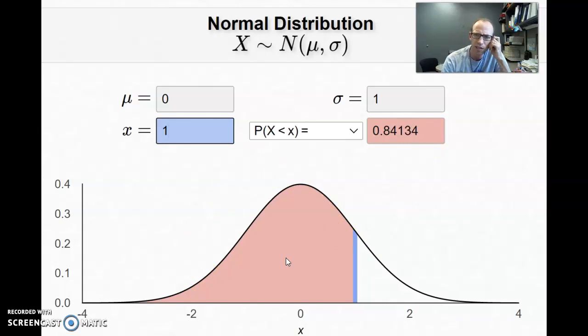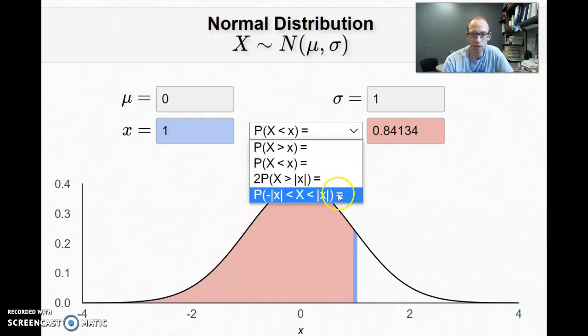Now, you might vaguely remember the empirical rule, which says that 68% of the distribution is within one standard deviation. So why are we seeing 84? Well, that 68% says 68% of the data is within 1 standard deviation of the mean. Here we have all this data on the left that's beyond 1 standard deviation below the mean.